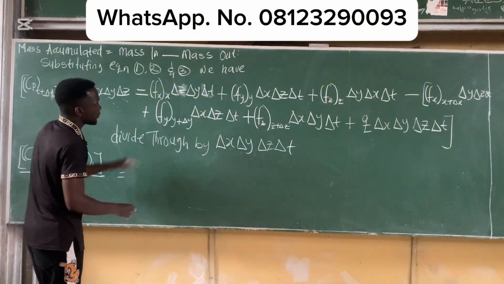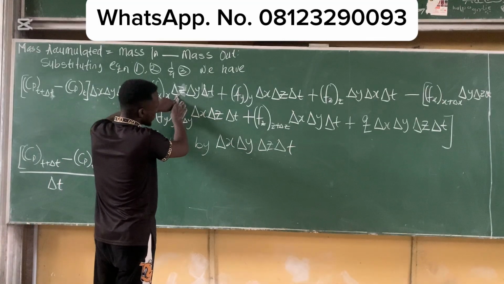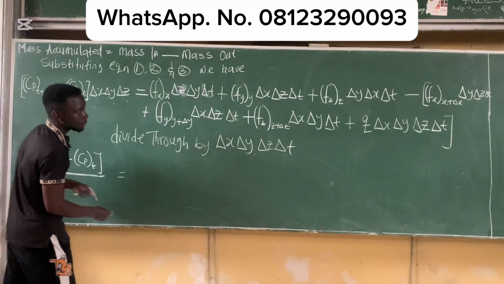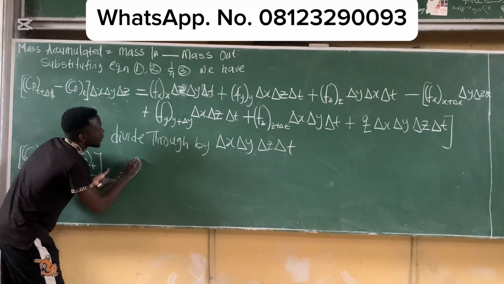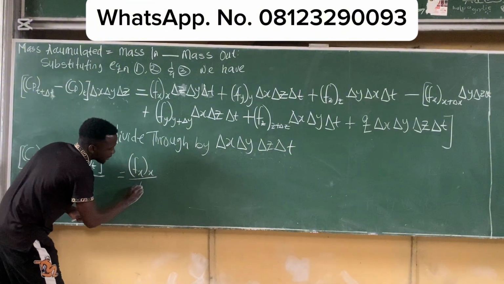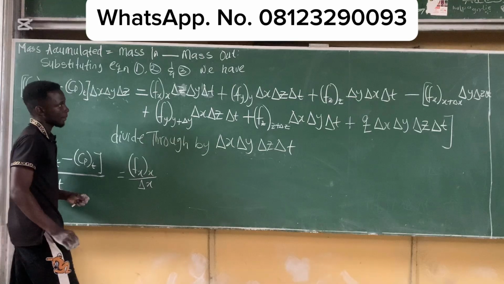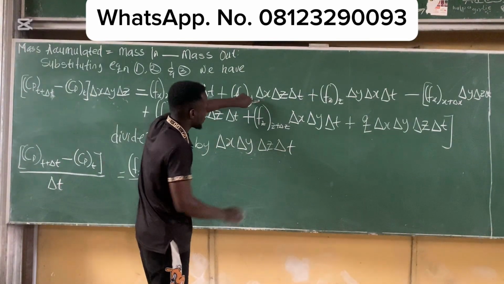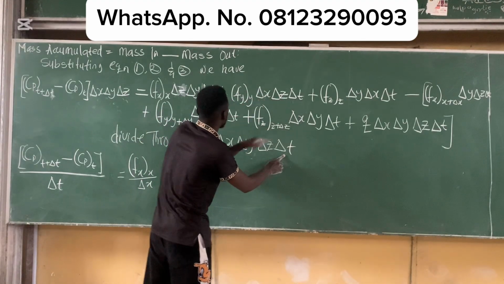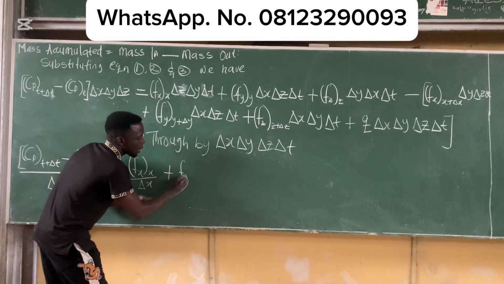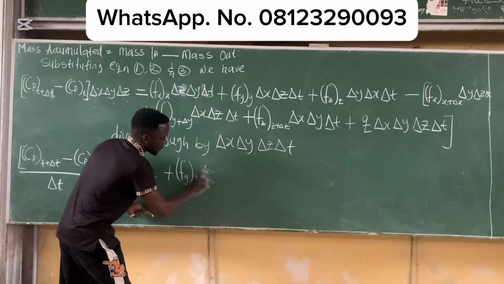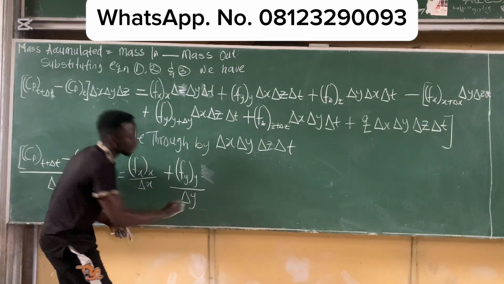We are still going to have, for this first one, the z will cancel the z, the y will cancel the y, the t will cancel the t, we'll be left with f of x at x divided by delta x, plus the same concept here, delta y cancels delta y, delta z cancels delta z, delta t cancels delta t, we'll be left with plus f of y divided by delta y.